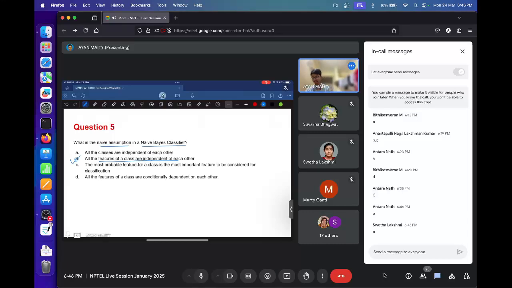So that is the naive assumption in a naive Bayes classifier, but it might not hold in all the cases. That's why naive Bayes is not applicable in all examples or all tasks. If we are certain that all the features are independent of each other for a given class, then only we can apply naive Bayes classifier. But in most of the realistic tasks, this might not hold.